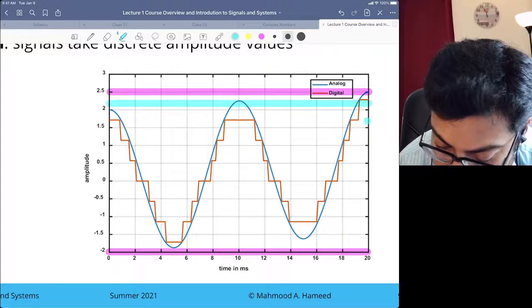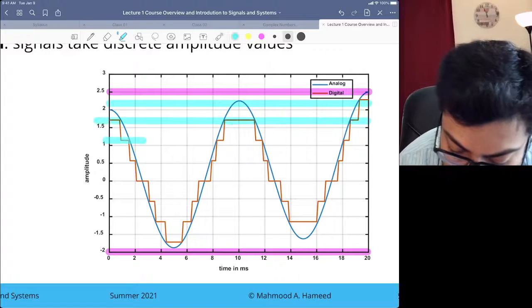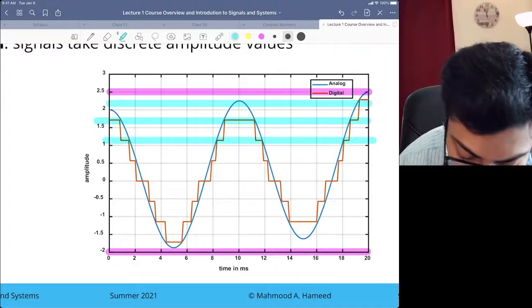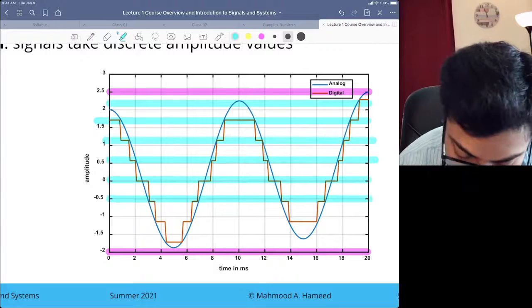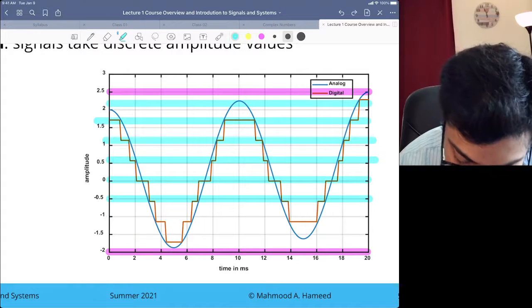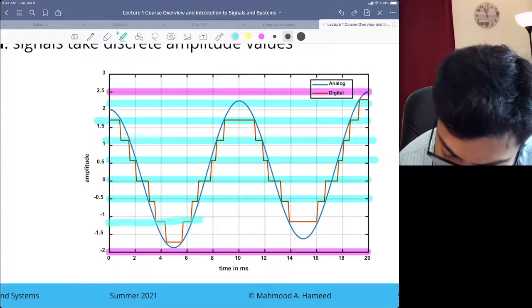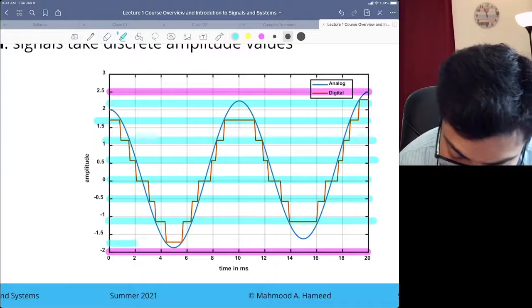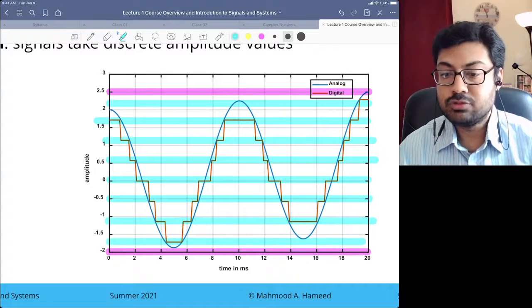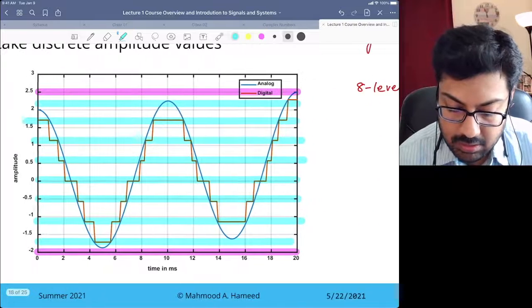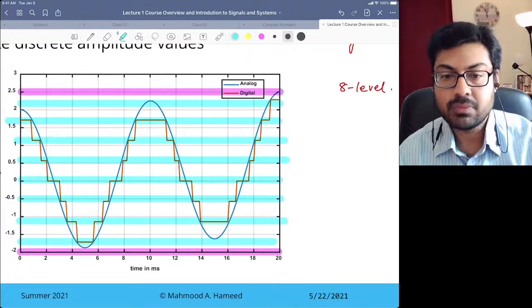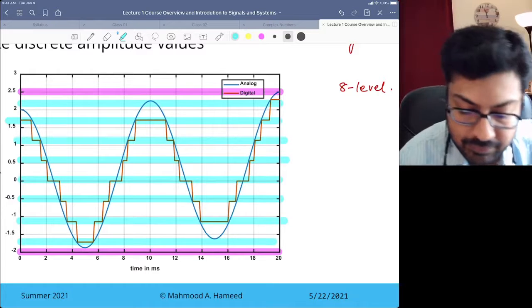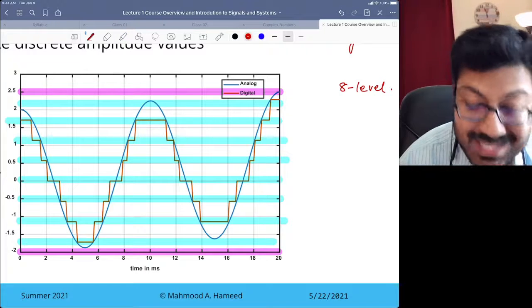That's 1, that's 2, 3, so I've literally chopped it into 8 levels, and with each level, you see the amplitude is discrete, right?